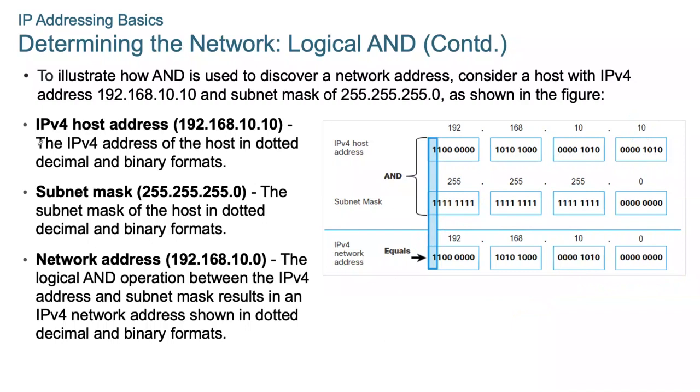So to determine the network address logically, what you need is the IP address of your host and the subnet mask. Because while configuring the IP address for any device, you configure the IP address as well as the subnet mask. Okay.